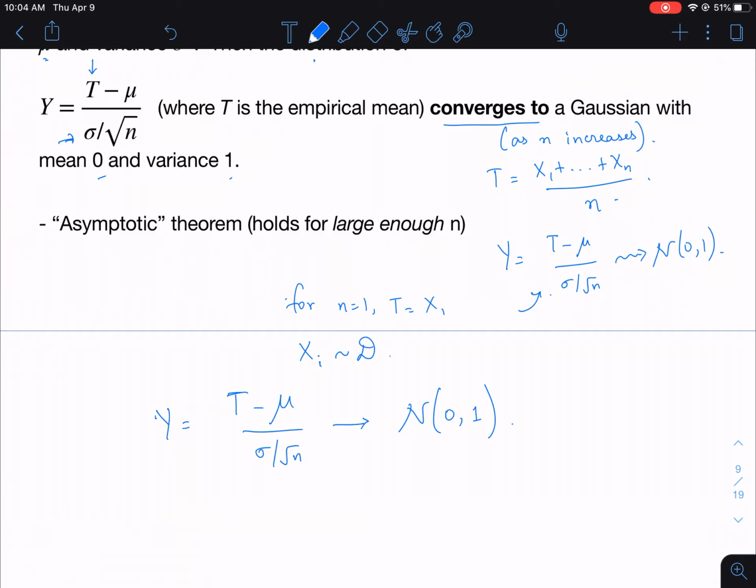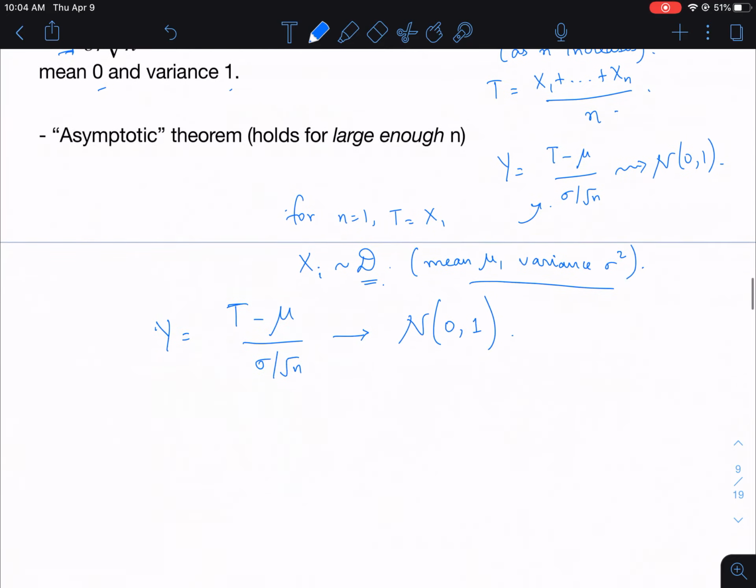And the cool thing is that there is really no assumption on what this D is, where the xi's came from. It's just some distribution with mean mu and variance sigma squared. Take any distribution with mean mu and variance sigma squared, draw samples from that distribution, and compute this thing, and the distribution of this looks like a normal distribution when n tends to infinity, the number of samples n tends to infinity.